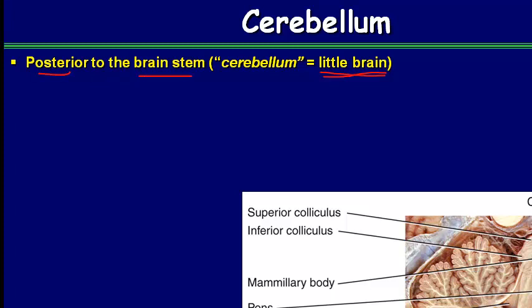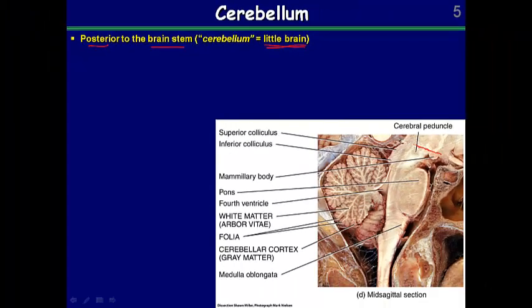So if we look at this image on your PowerPoint, again, I can circle the brainstem right here, and just posterior to it is the cerebellum, which is this region here.